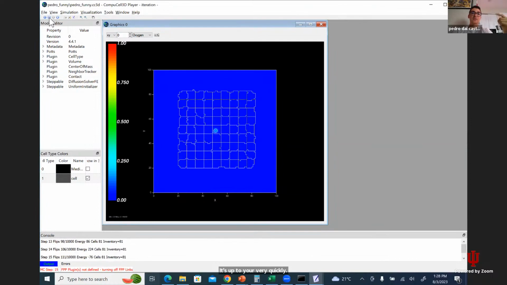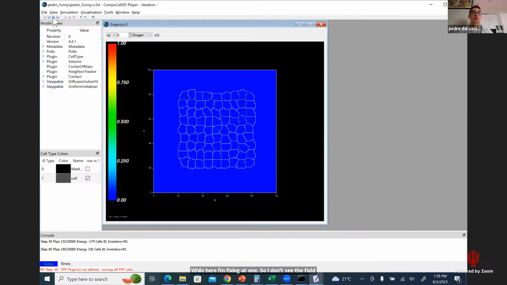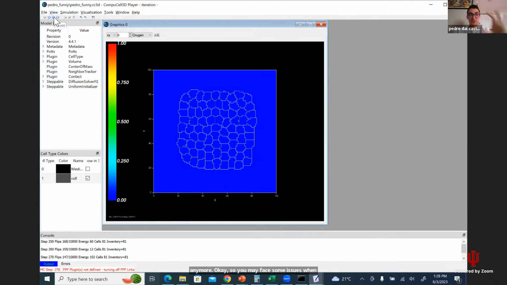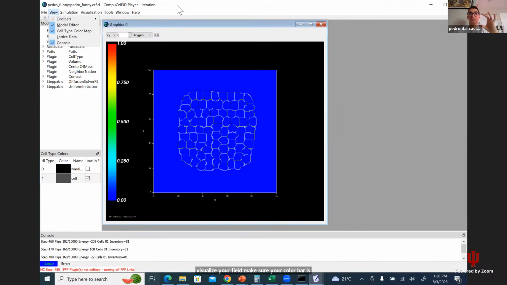So in the other visualization setting, I could see the field because the minimum and maximum were following the field intensity. While here I'm fixing at 1, so I don't see the field anymore. Okay, so you may face some issues when visualizing your field. Make sure your color bar is set properly.